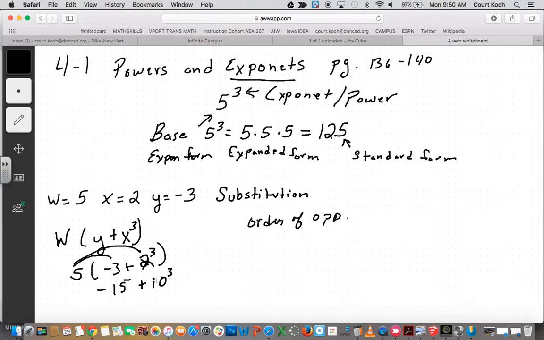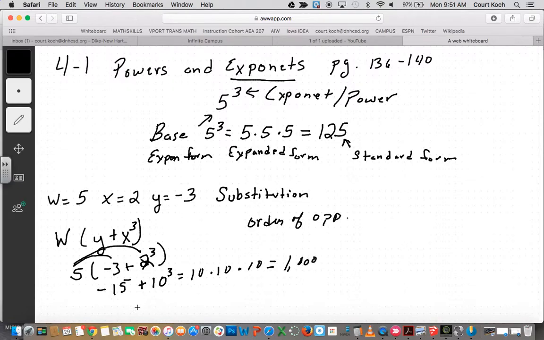Now, in order of operations, please excuse, the E has to do with exponents. So now I have to solve for 10 to the third, which is the same as 10 times 10 times 10. Well, I know 10 times 10 is 100, and I'm pretty good with my powers of 10, so 100 times 10 is going to be equal to 1,000.